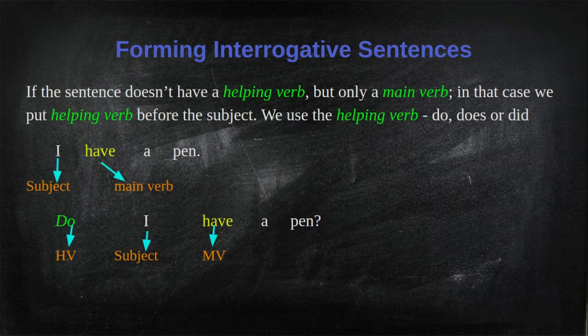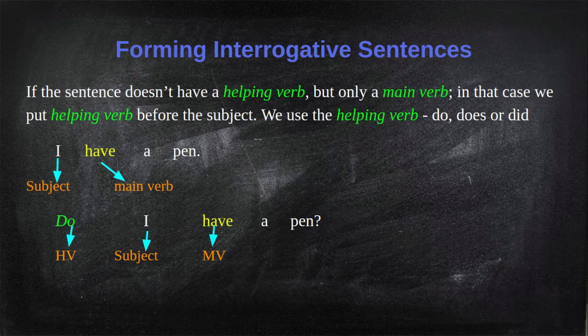Then, how to make an interrogative sentence if the sentence has the helping verb acting as the main verb, or there is only a main verb in the sentence? Quite simple. Let us see the example. I have a pen.